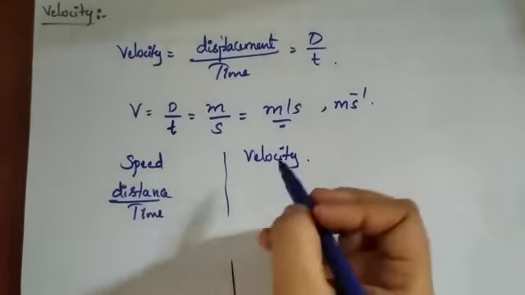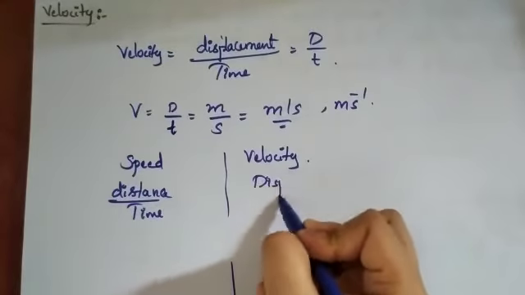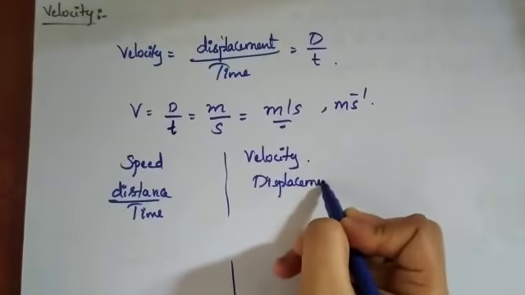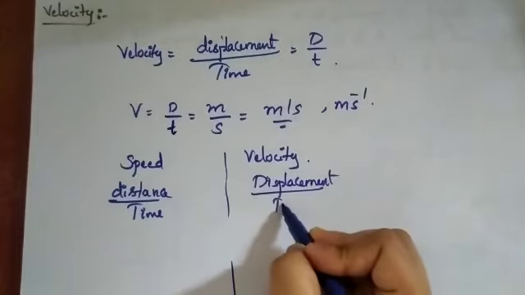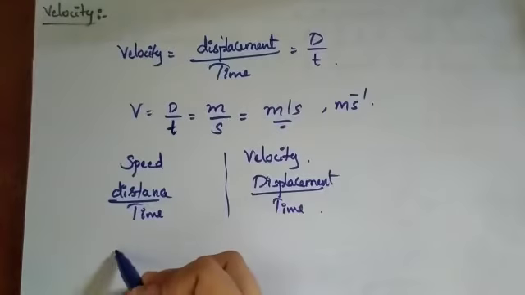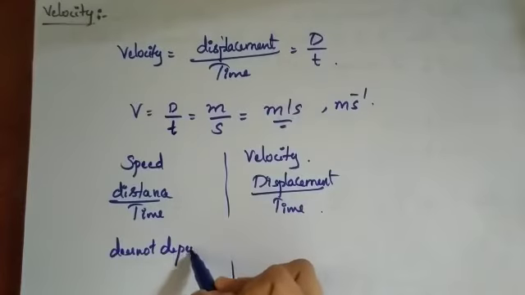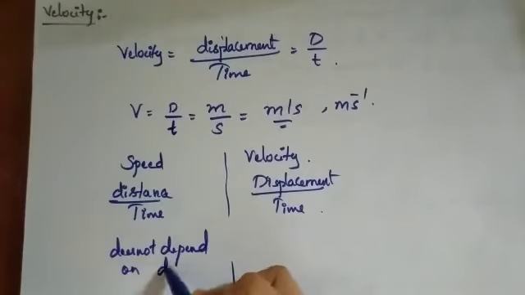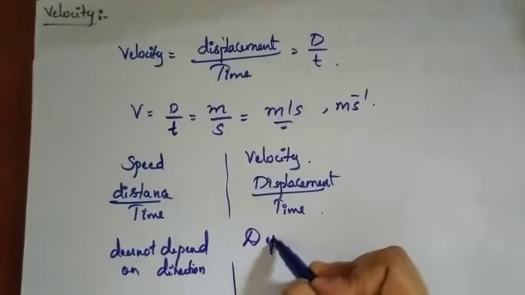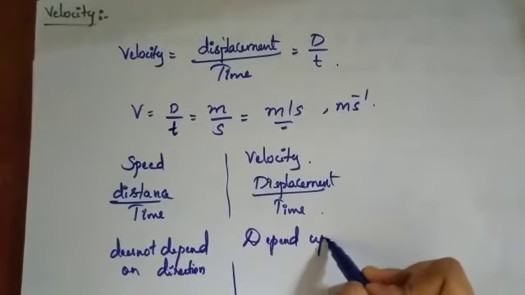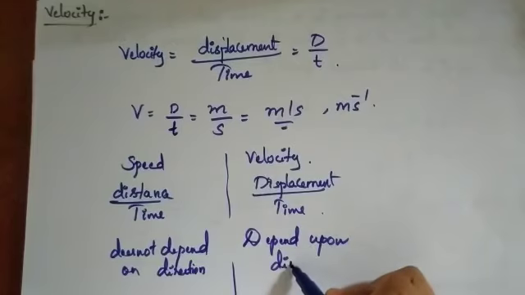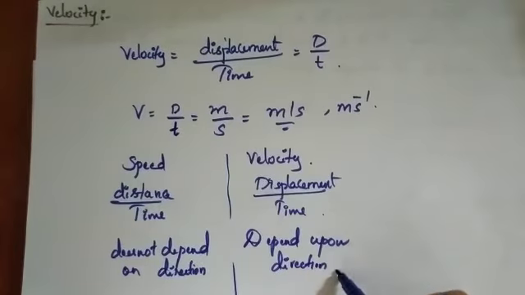Velocity is displacement by time taken. Speed does not depend on direction, while velocity depends upon direction. This is how we can differentiate between speed and velocity.